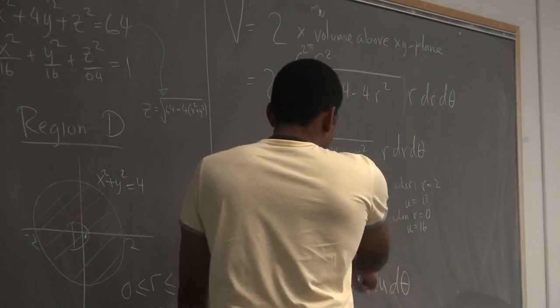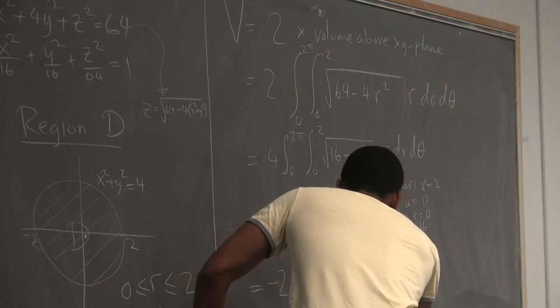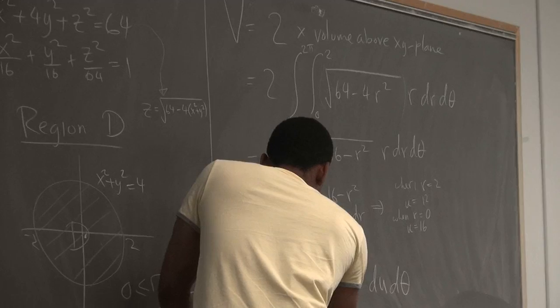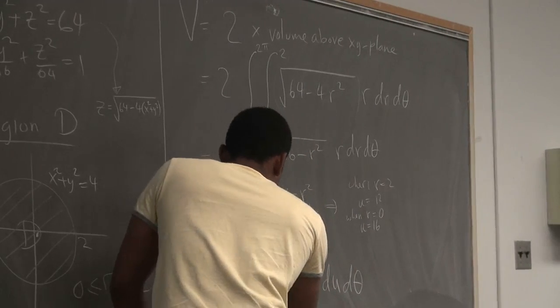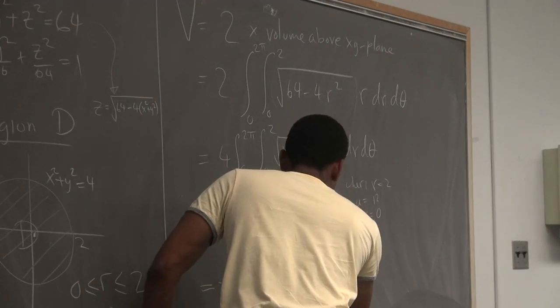So that becomes, add 1 to the power, you get u to the 3 over 2 times 2/3, right? So it's minus 4 over 3 times, this integral is going to give you a 2 pi, let's just get that out of the way. And this is going to be evaluated from 16 to 12.